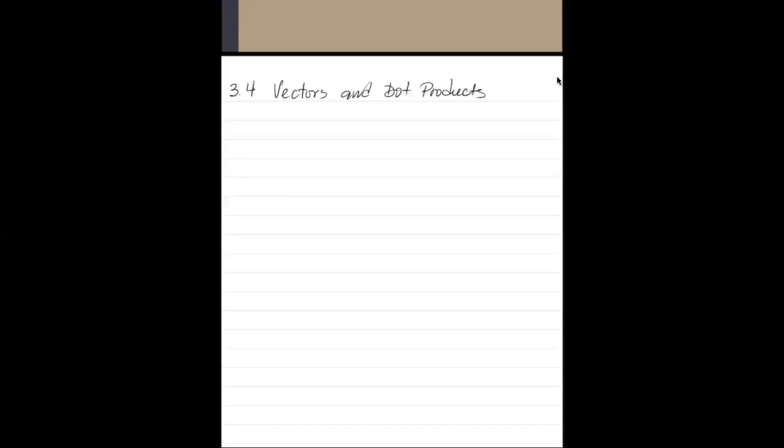3.4 Vectors and dot products. So, the definition of a dot product of two vectors u with components u1, u2, and a vector v with components v1, v2.